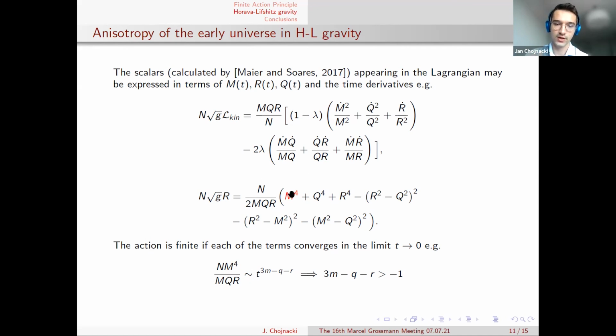For example, if we consider a term proportional to m to the 4th, we will see that it will be of this shape. And if the exponent is equal to -1, then we will have a logarithmic divergence as t goes to 0. So we impose that the exponent must be bigger than 1.